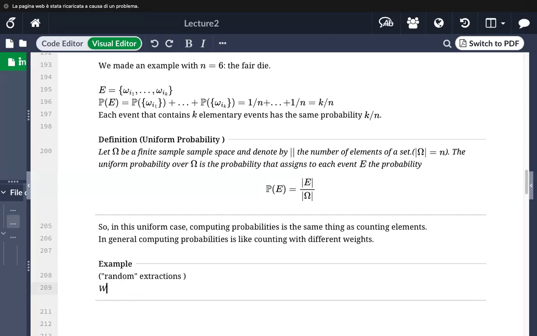So we have a population of n individuals, by random extractions.